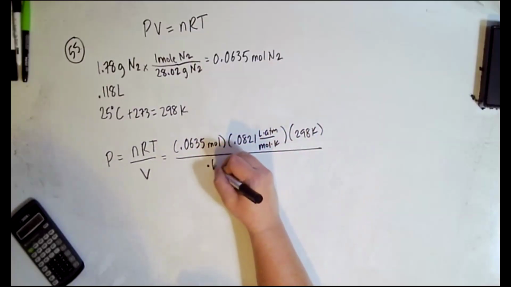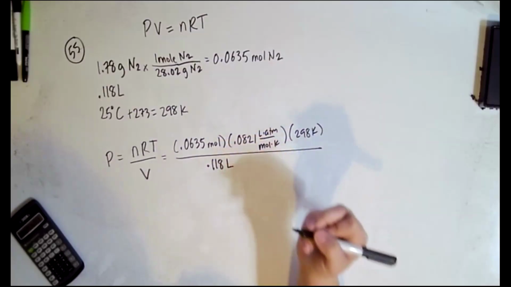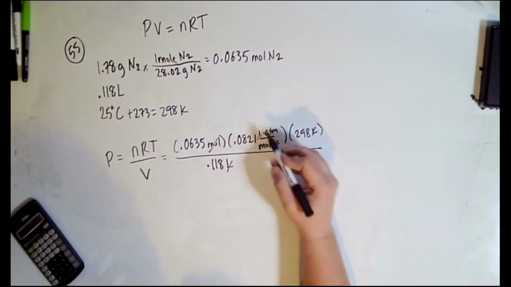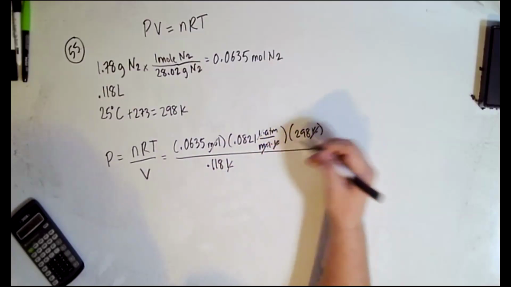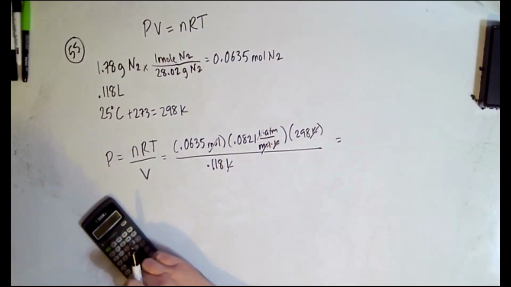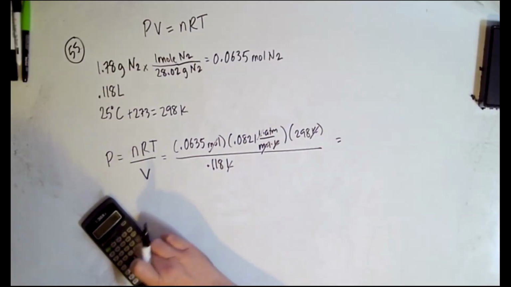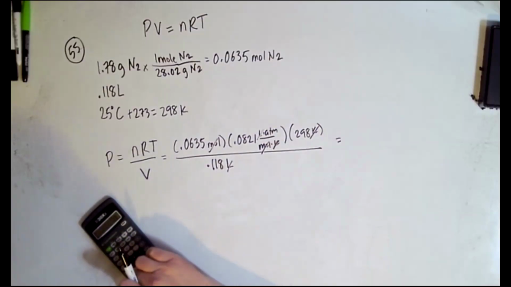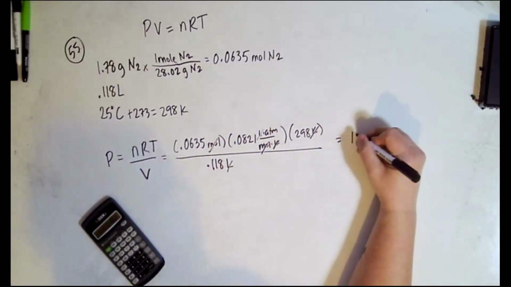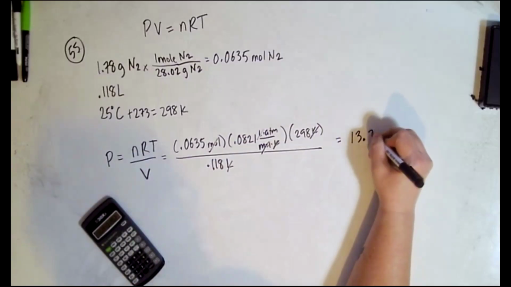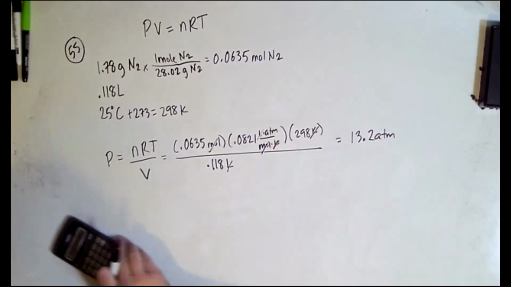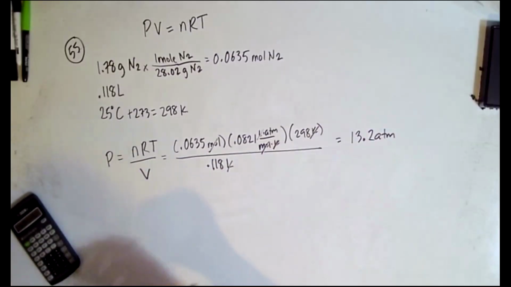And our volume is going to be 0.118 liters. Right, and we end up with a pressure of 13.2 atmosphere. Okay.